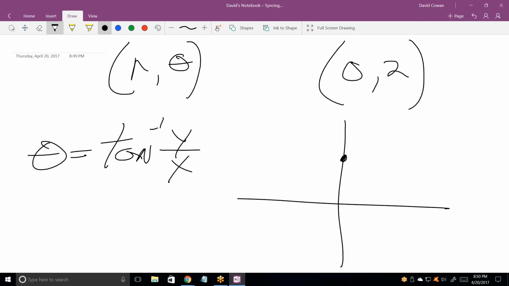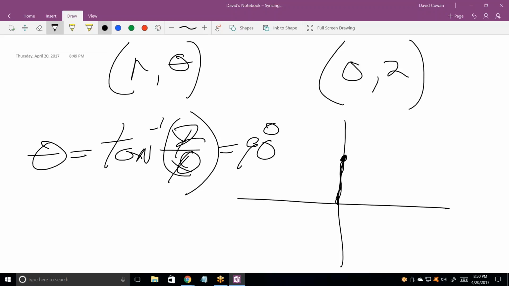So it's the inverse tan of 2 over 0. And that is 90 degrees. I can tell from my point. That's a 90-degree angle from the origin. In other words, the polar coordinates of that point are going to be 2, pi over 2.